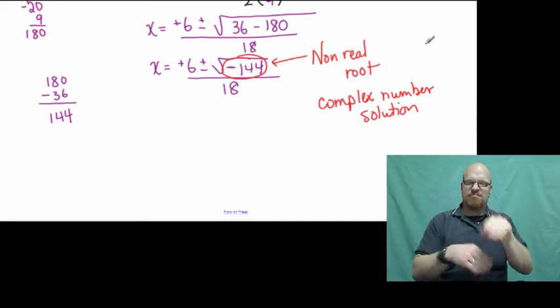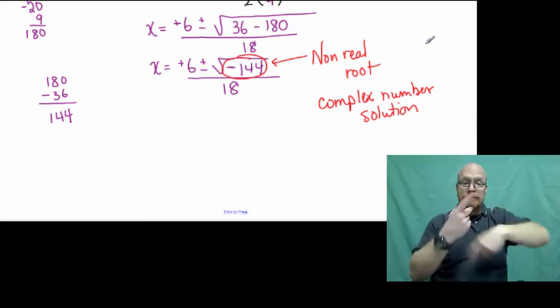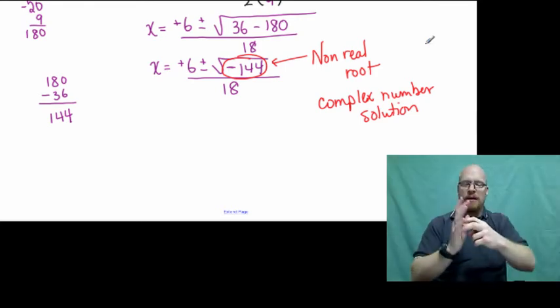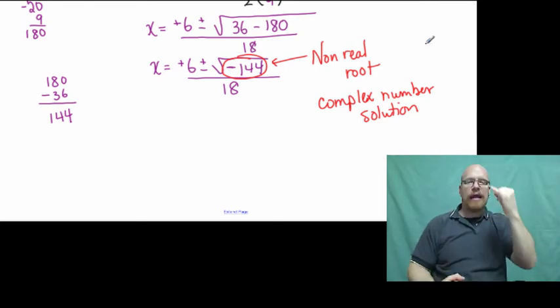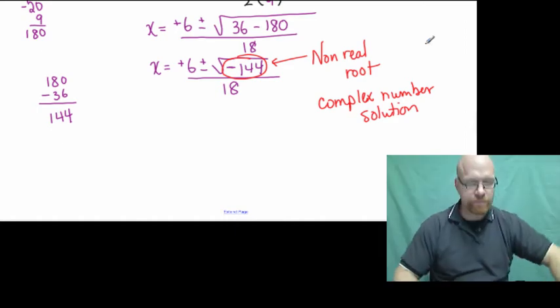If you see a negative in the square root, you just automatically put down a non-real root, a complex number solution. Meaning that we have an imaginary number, it would be a number times i. For right now, we'll leave it; the answer is non-real root.